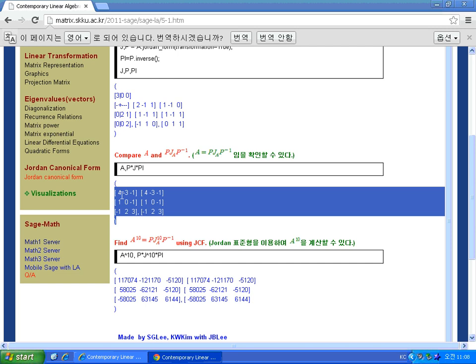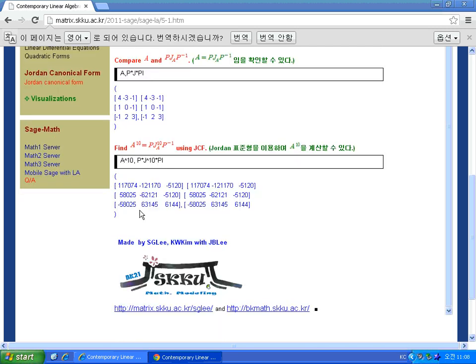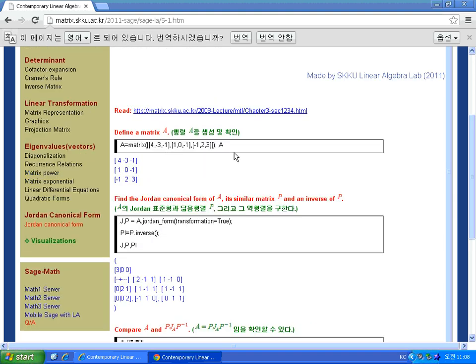You can easily check that those two matrices are the same like this. So you can find the tenth power of A by only finding the tenth power of the Jordan canonical form of A like this. You can copy this command to use it on any of the Sage servers over the whole world, not only ours.